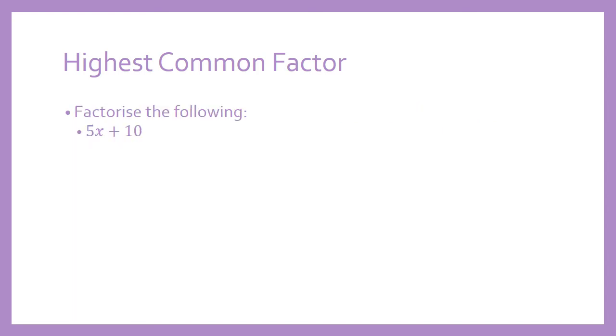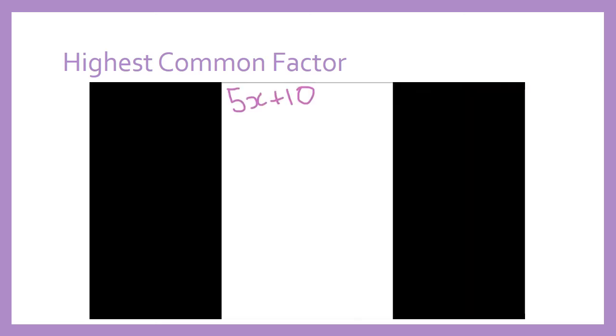So I'm going to go through how to factorize the following. 5x plus 10. So I need to look at my highest common factor to do that. So we're going to be looking at factorizing this term here. So what we need is something called the highest common factor.